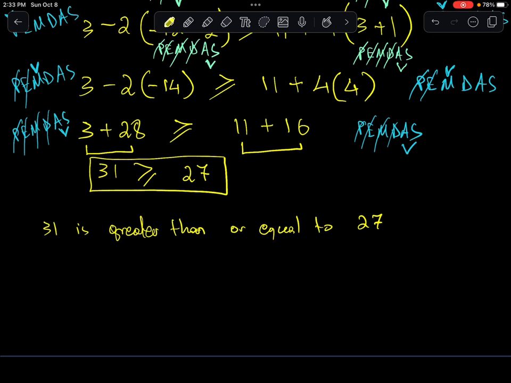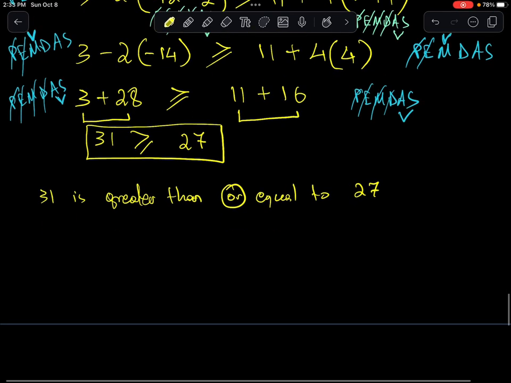So there is an or there, and in mathematical symbols I can write it as 31 greater than 27 or 31 equal to 27.